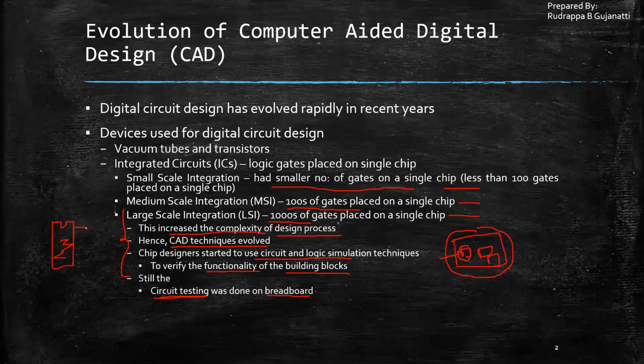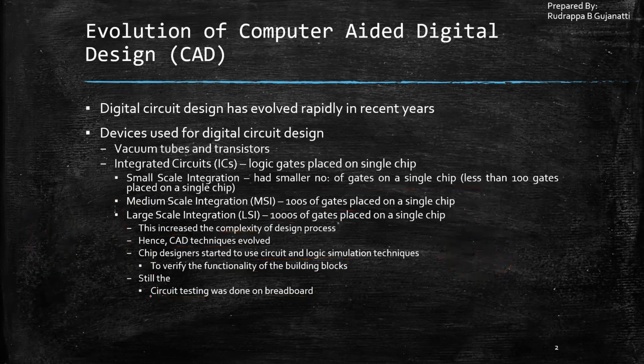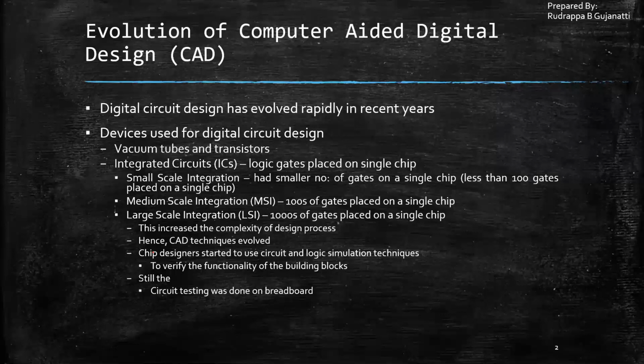So this IC will be placed on the breadboard, and then it can be tested along with other components, say interfacing components. So this testing was still done on a breadboard. You can imagine what amount of time had to be put in to test the circuits built using this LSI. But later there were tools wherein we could see what the entire thing can do without going for a breadboard. So this is the evolution related to the ICs.